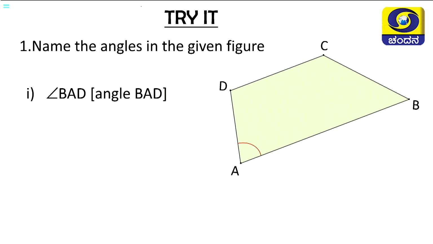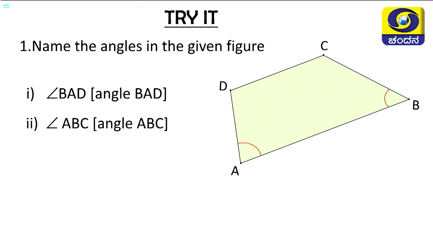Point A is the vertex formed between the arms AD and AB. Therefore, we name it angle BAD. Next, go to vertex B. Here, vertex B is formed in between the sides AB and BC.